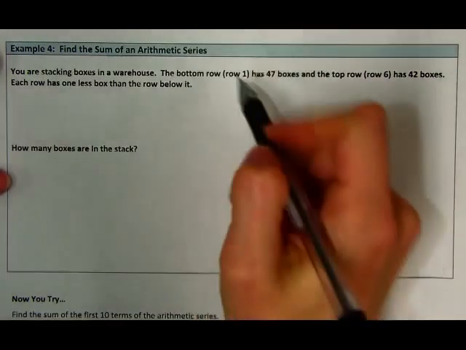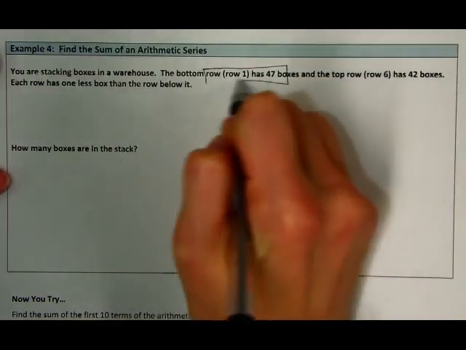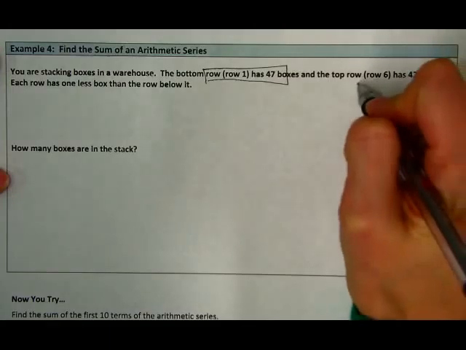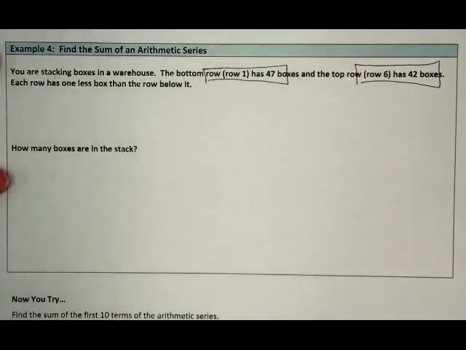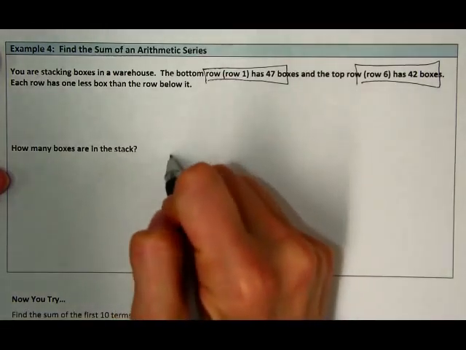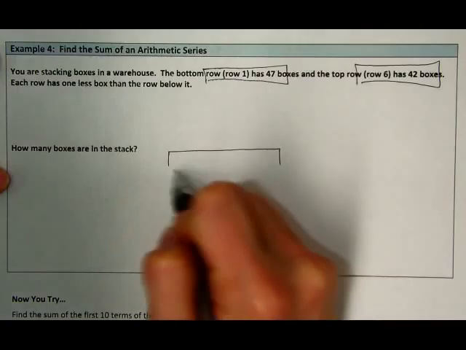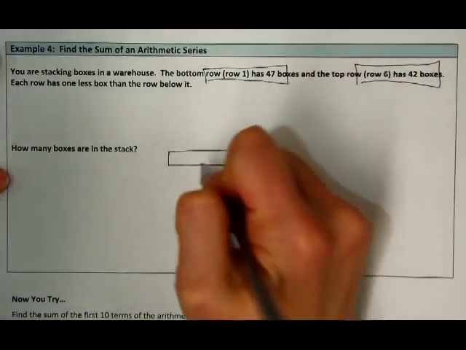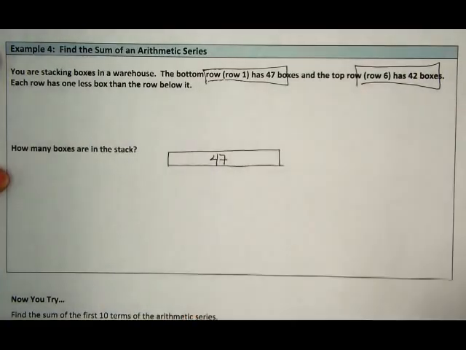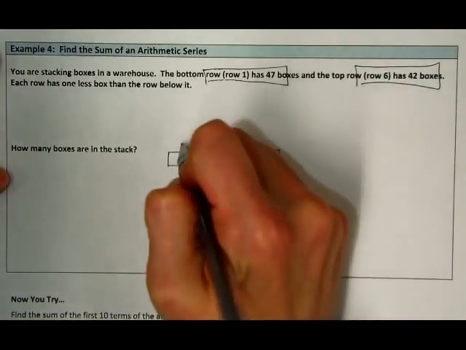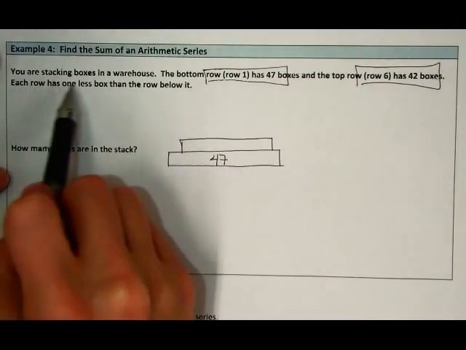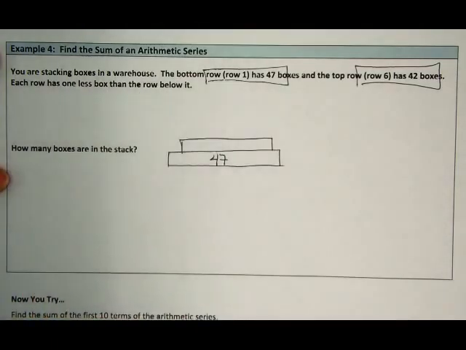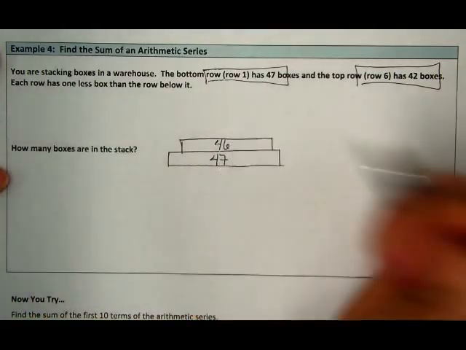So we have 6 rows total. The first row has 47 boxes, the sixth row has 42 boxes. So if I were to draw this, I know that I'm going to have 6 rows. Obviously this is going to be my first row. I have 47 boxes. The next row up has one less box than the row below it, so this gives me 46.